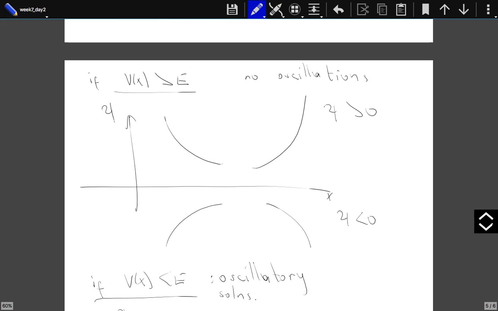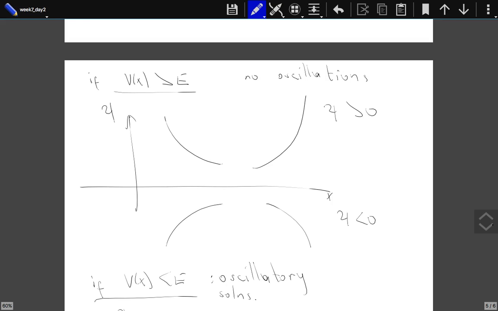For other values of energy, it avoids the 0 line and never touches it, so it starts increasing again, or it might cross the 0 line, the wave function becomes negative, and the solution goes to minus infinity. In both cases, it will not be normalizable.